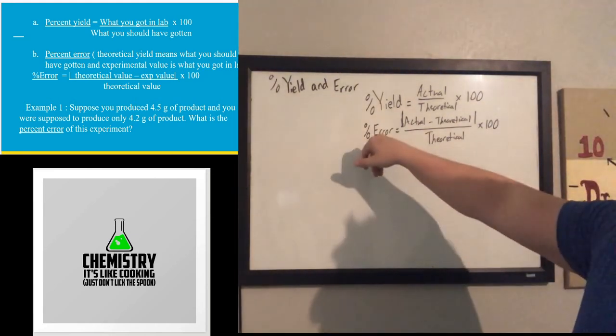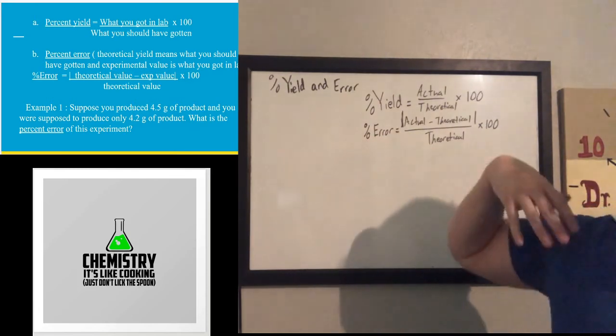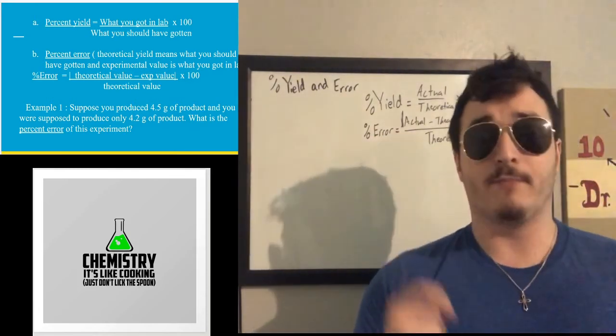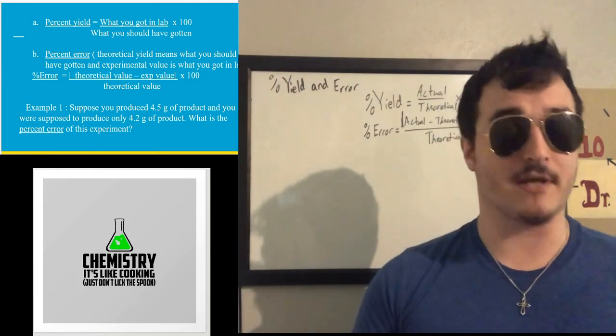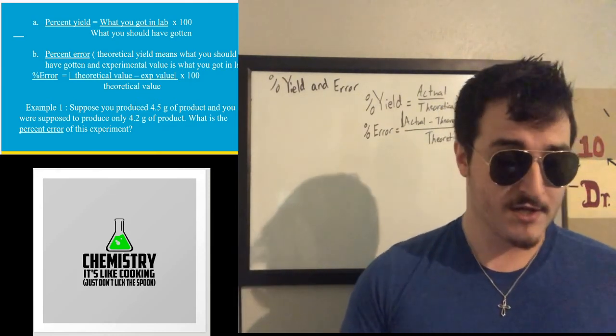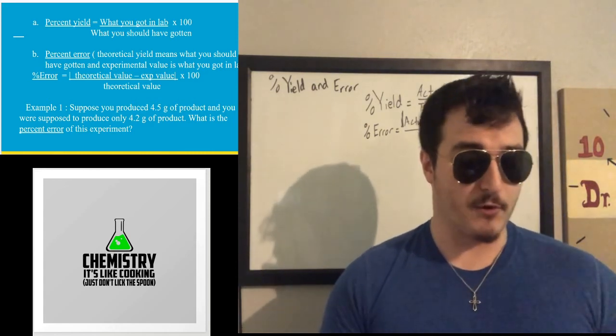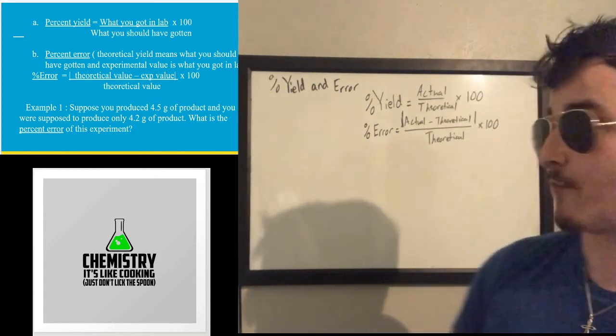So obviously we're using this equation for this example, but you have to pay attention to the language. Suppose you produce 4.5 grams. That is what you actually produce. It's not what you were supposed to, it's what you produced. So that is our actual. And then 4.2 is what we were supposed to get. That is the theoretical.